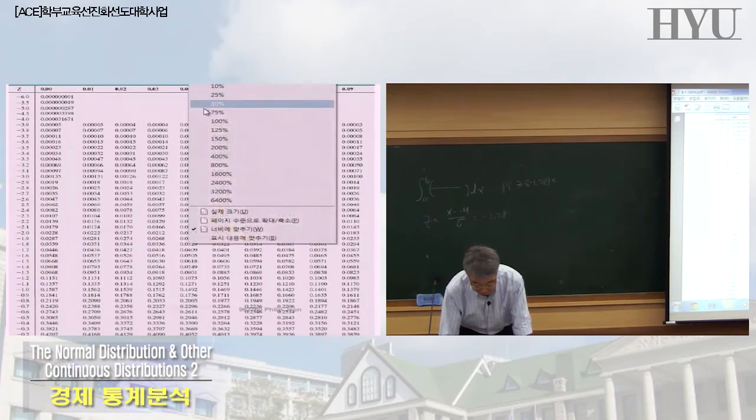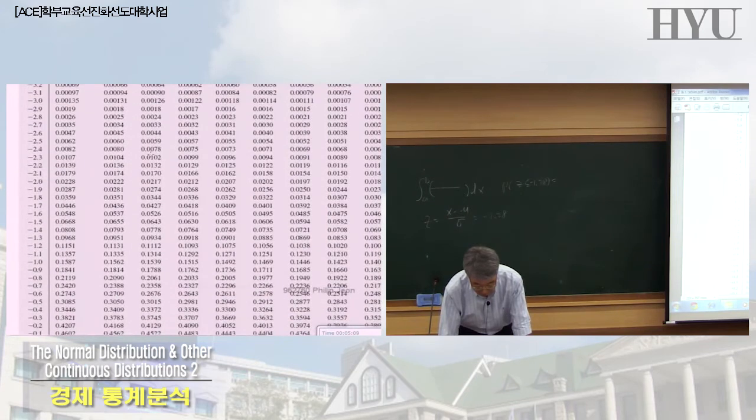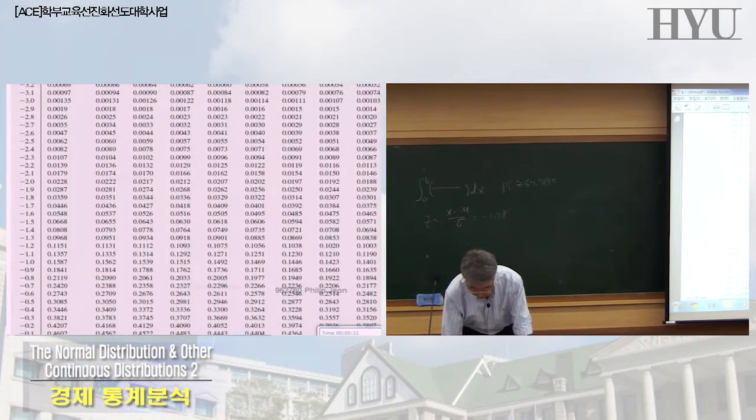Let me make it a little larger here. Well, this is 0, 1, 2, 3, 4, 5, 6, 7, 8. So we have to go to the last column here. Okay, so negative 1.28 would be 0.1003.